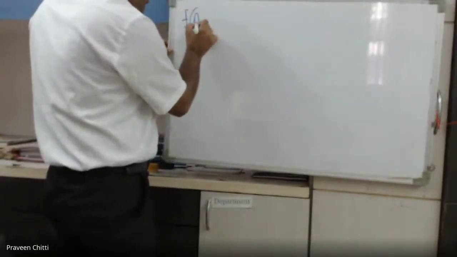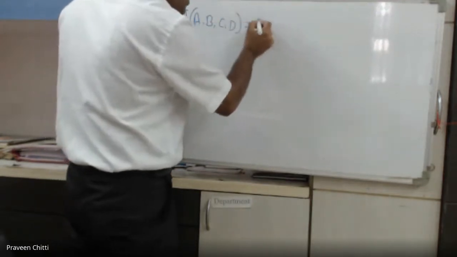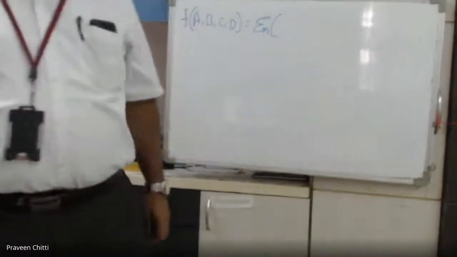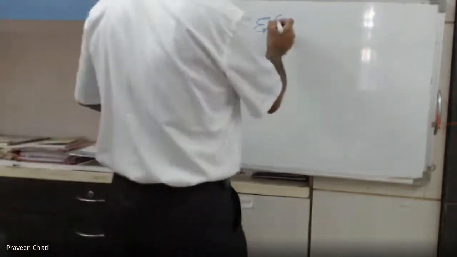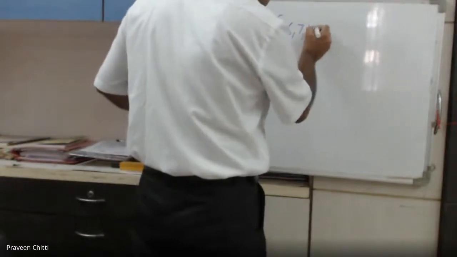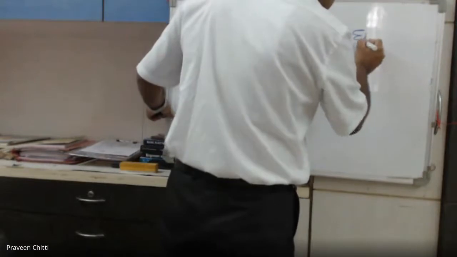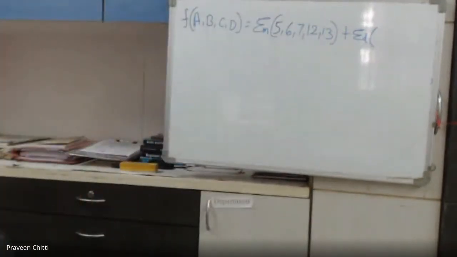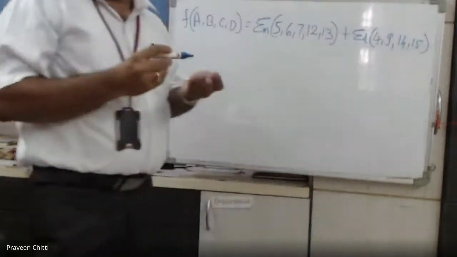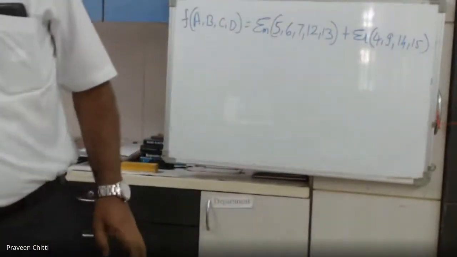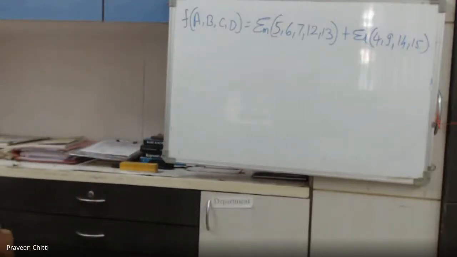Take F of A, B, C, D equal to sigma m 5, 6, 7, 12, 13 plus sigma d 4, 9, 14, 15. Is it clearly visible?